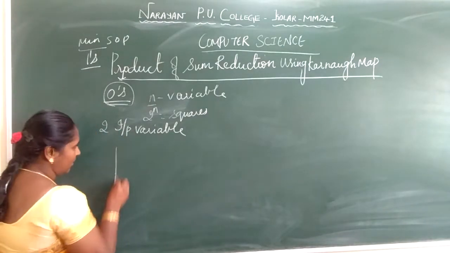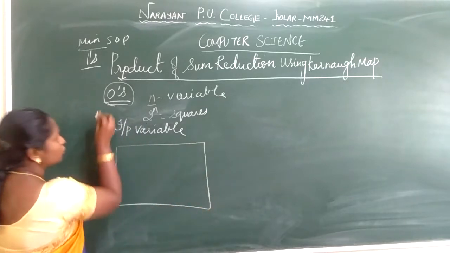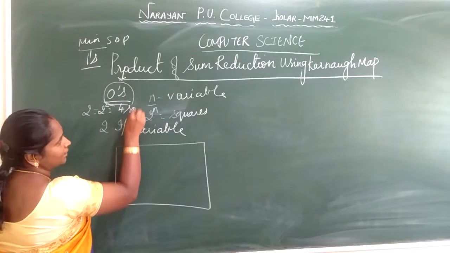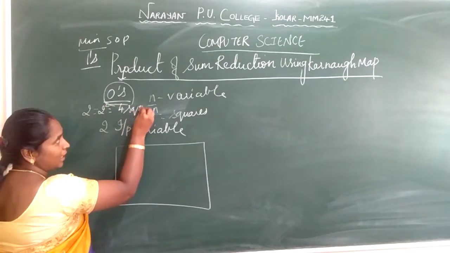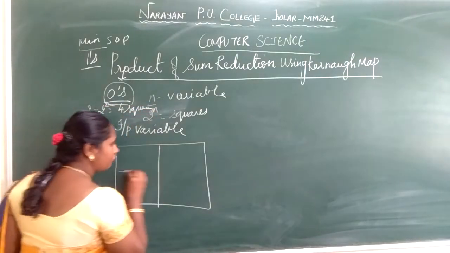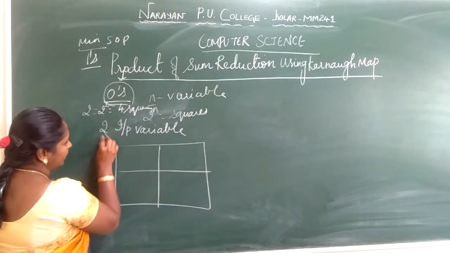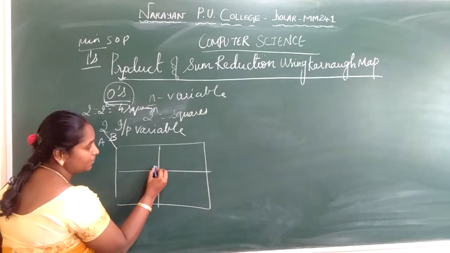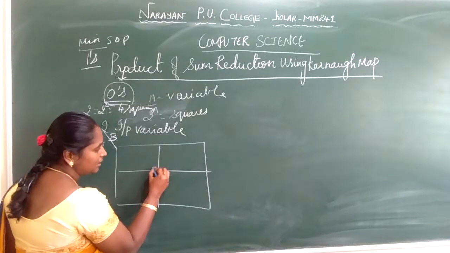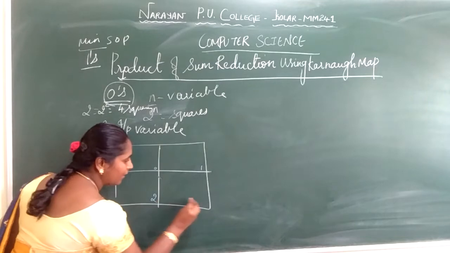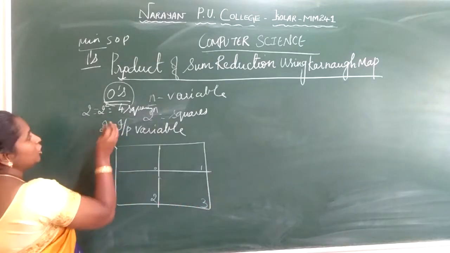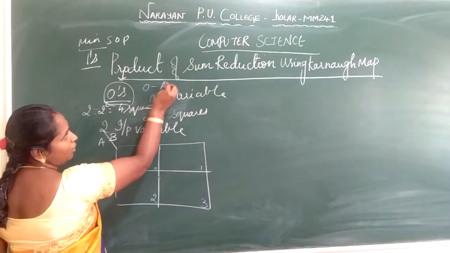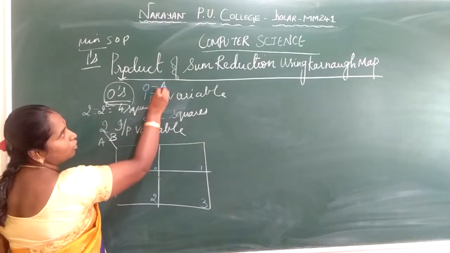Here for 2 input variables the K-map is 2 to the power of 2, nothing but 4 squares. This is suppose A, and B. Here my subscripts to address the value of max term are 0, 1, 2, 3. In your max term or product of sum, 0 stands for uncomplemented and 1 stands for complemented.